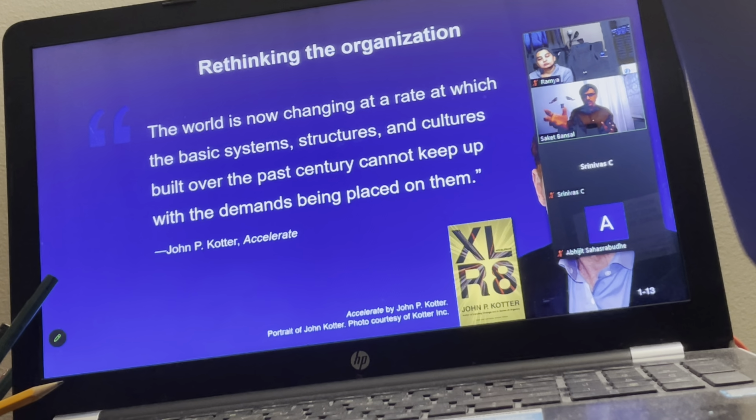Now, this book has nothing to do with SAFe. SAFe is using a reference from it, showing that we are also building on the same idea. So this guy is saying the world is changing very fast, and the internal system, structure and culture which you might have created in the last 20, 50 years need to be changed. Else, they will not be able to keep up with the demand which is happening outside. So what does that mean?